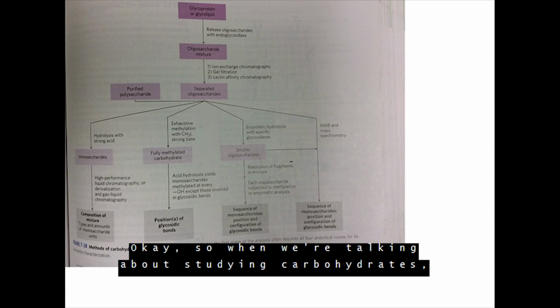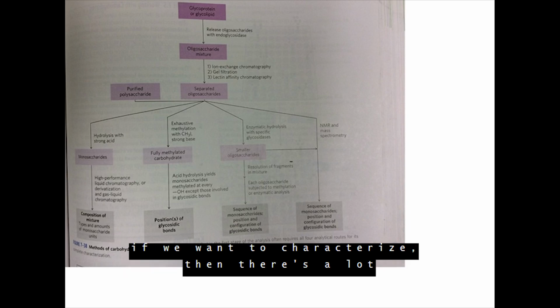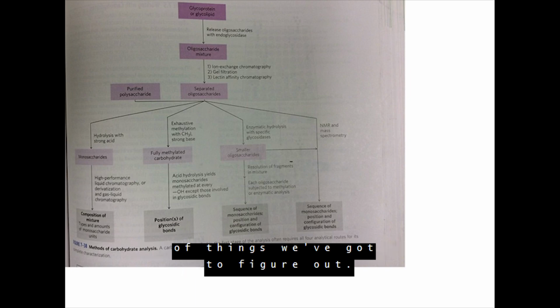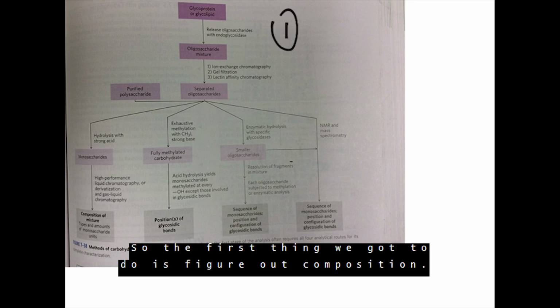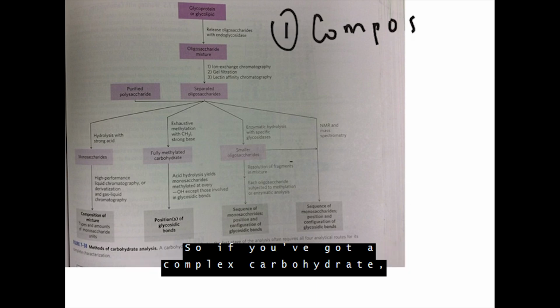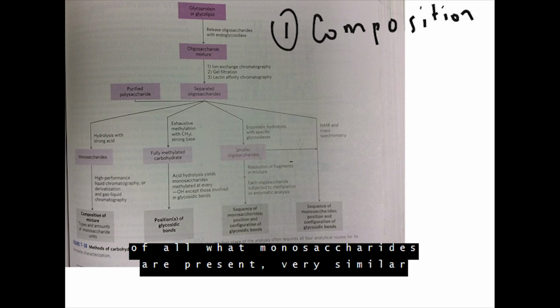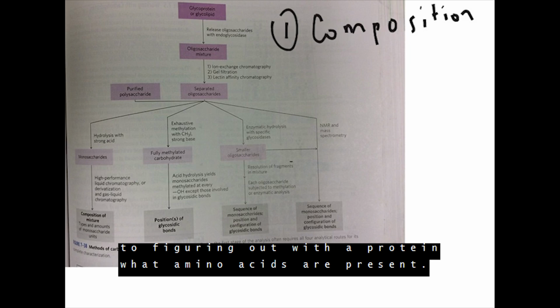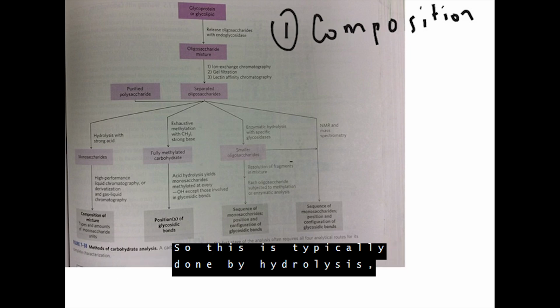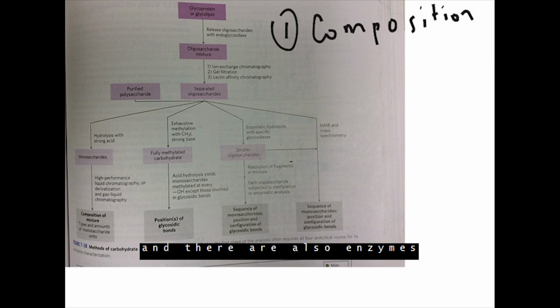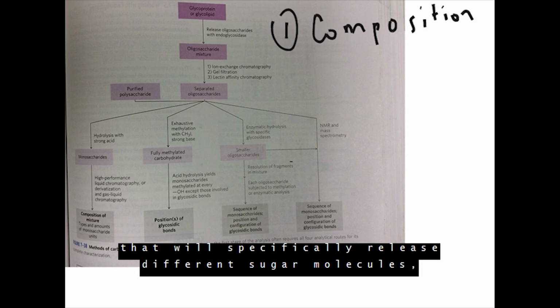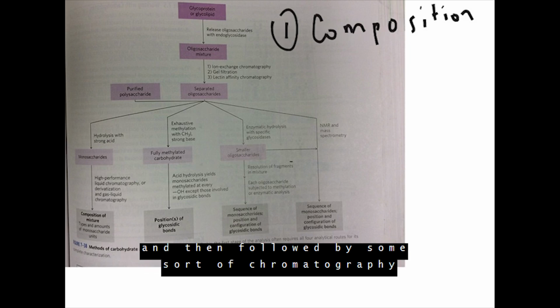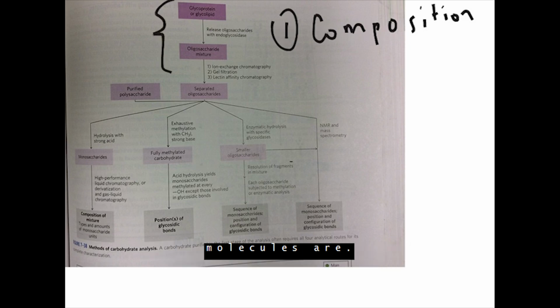Okay, so when we're talking about studying carbohydrates, if we want to characterize them, there's a lot of things we've got to figure out. So the first thing we've got to do is figure out composition. If you've got a complex carbohydrate, you've got to figure out, first of all, what monosaccharides are present. Very similar to figuring out with a protein what amino acids are present. This is typically done by hydrolysis, and there are also enzymes that will specifically release different sugar molecules, followed by some sort of chromatography so that you can actually identify what those molecules are.